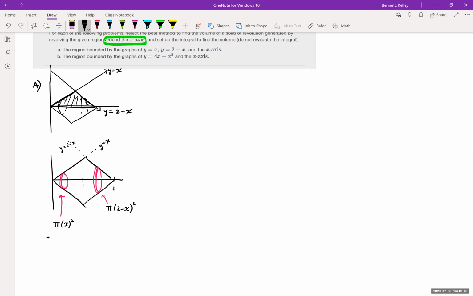So in order to set this up, I'm going to have to go first from 0 to 1 and use pi x squared. And then I'll have a different setup from 1 to 2 where it's pi times 2 minus x squared. So it's a little bit more complicated. We're not going to evaluate these integrals, we're just going to set them up.